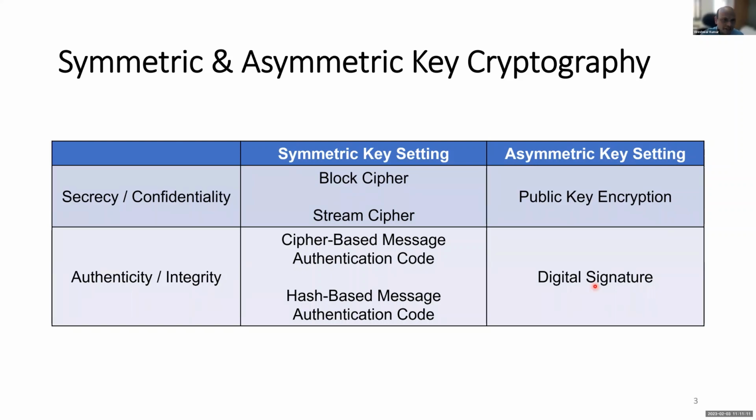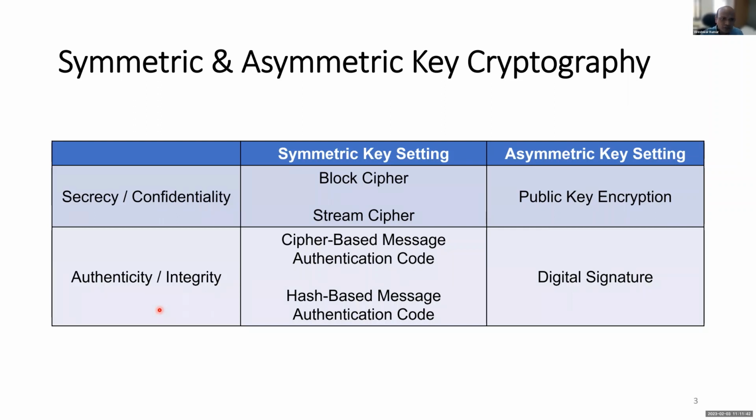In conventional computer security, there are typically two types of security properties that we would like to provide. One is secrecy or confidentiality, which means hiding the information that is being communicated. The second property is authenticity or integrity, which means verifying who the sender is and ensuring that the message the sender is sending to a receiver has not been modified during communication.